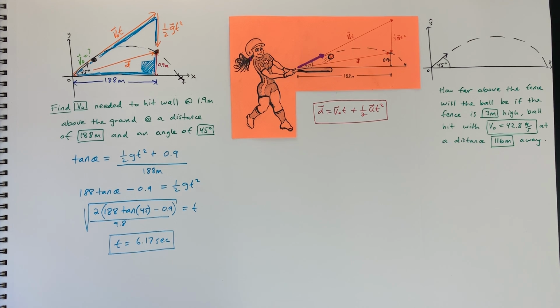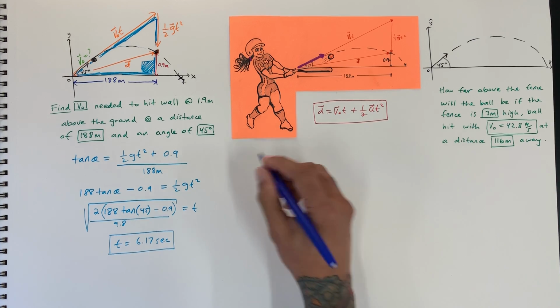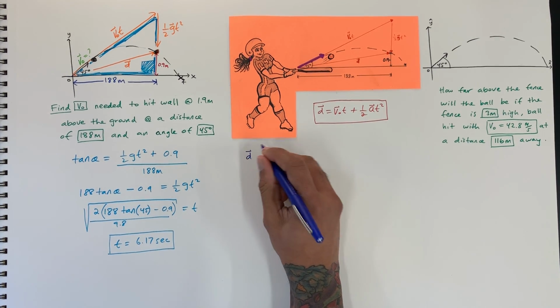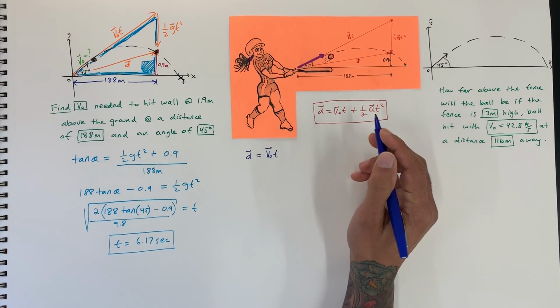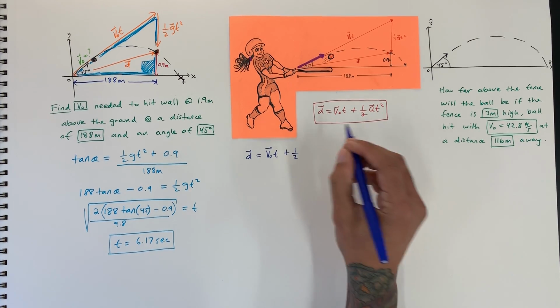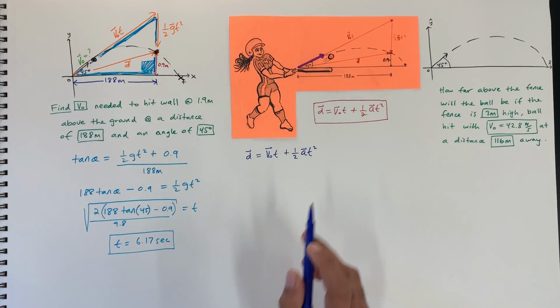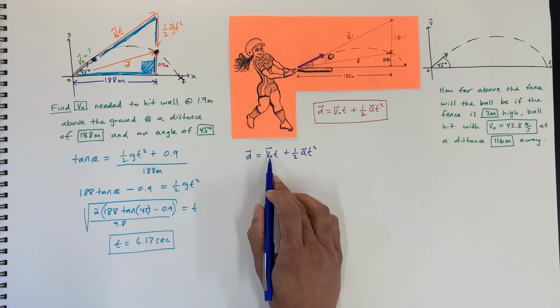So let's use, again, our displacement equation. Like I said, this is so important that I think you should memorize, if anything, just the 2 vector equations for projectile motion. We can derive other things from them, but we're going to use them to find the initial velocity that we need.